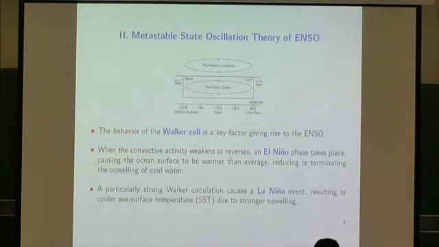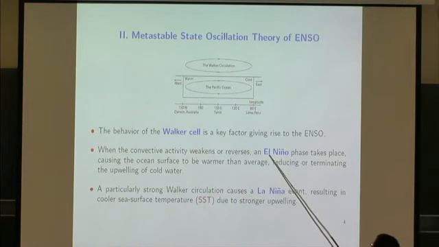The second example I want to talk about is related to ENSO. This is a paper done about 5 years ago. ENSO is something related to the Pacific Ocean, near the tropic region. This is like a Walker cell, an oceanic circulation.